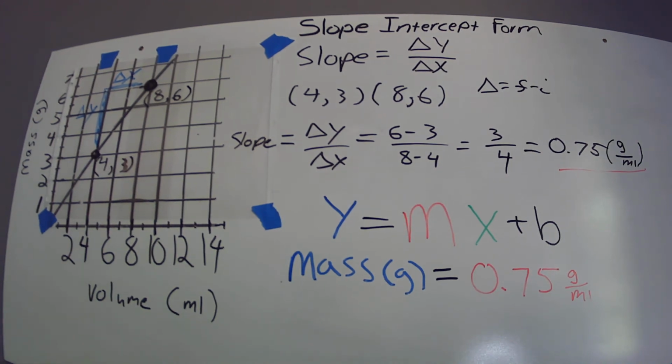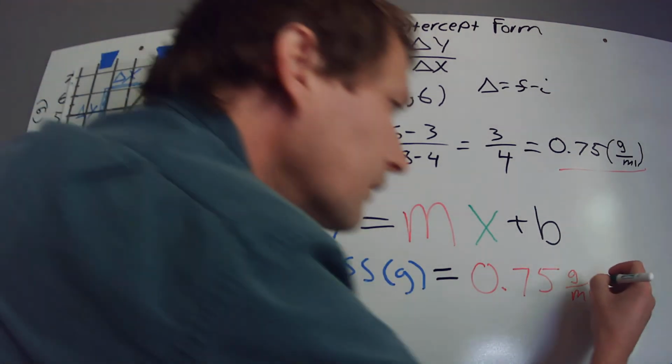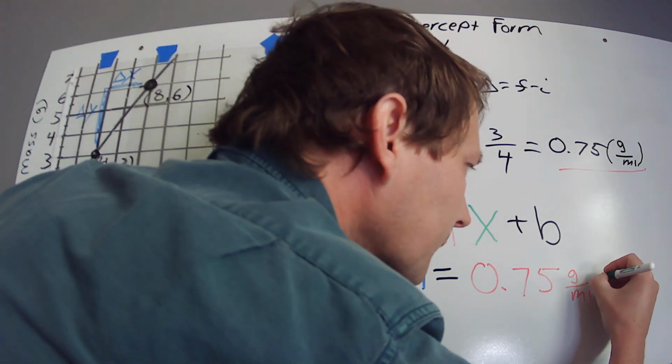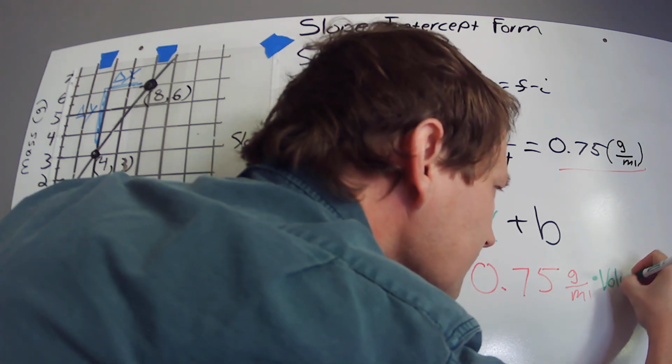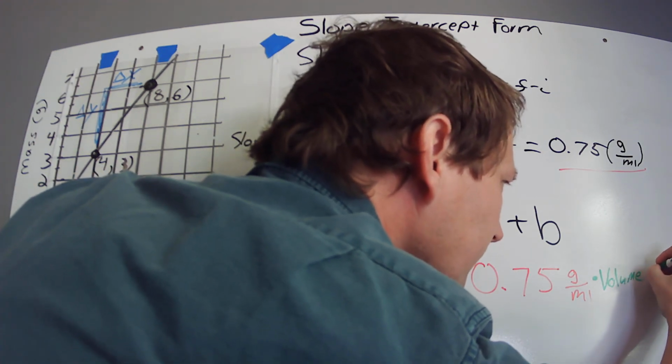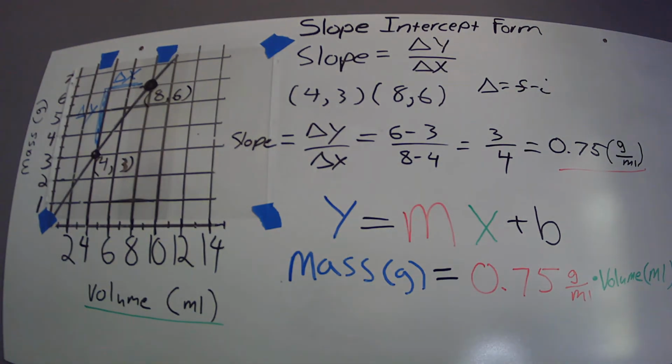And then x, what is x? X is just the x-axis, and I've described it right here. So x is volume in milliliters. I'm going to put it times volume in milliliters.